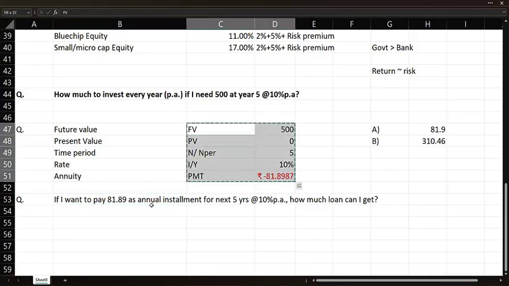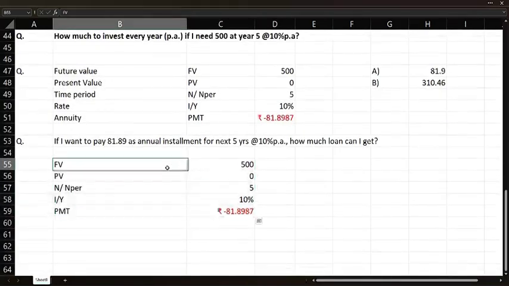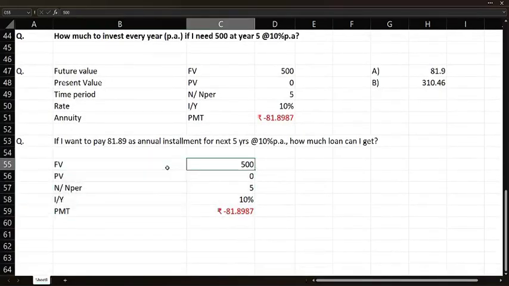Simply keep on repeating these variables. Do you have the future value with you? There is no future value in this case, right? Present value is what we have to compute, so this will be the variable that I'm looking for. Then number of periods is 5, rate is 10%, PMT is this much.